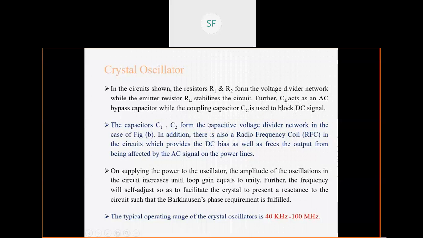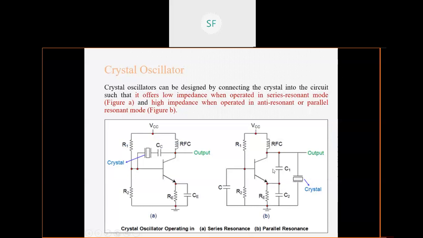I have already mentioned it. The capacitors C1 and C2 form the capacitive voltage divider network in case of figure B. You can observe that in figure B, C1 and C2 form the potential divider arrangement or potential divider network.